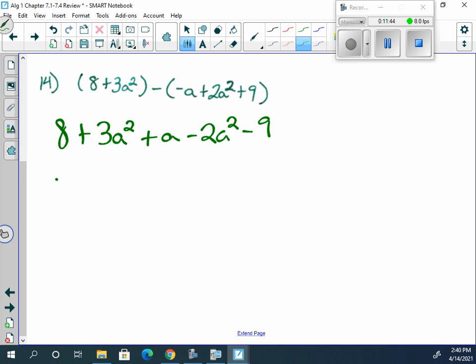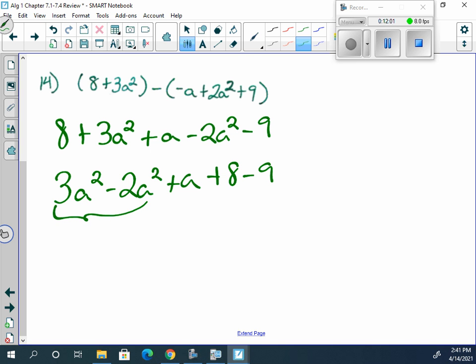I'm going to go on and just rewrite it so we can see it a little bit easier. Because 3a squared and negative 2a squared are like terms, I'm going to put them next to each other. Plus a, well, there's no other like terms with a. And then we have plus 8 minus 9. Well, 3a squared.